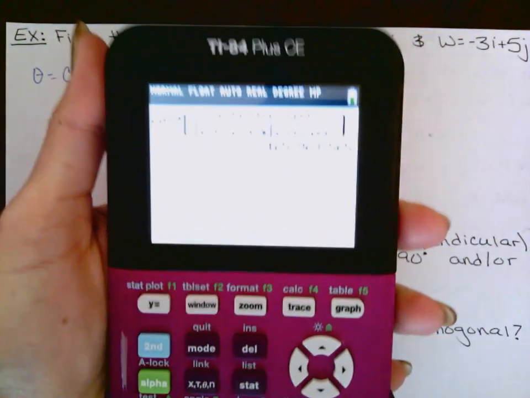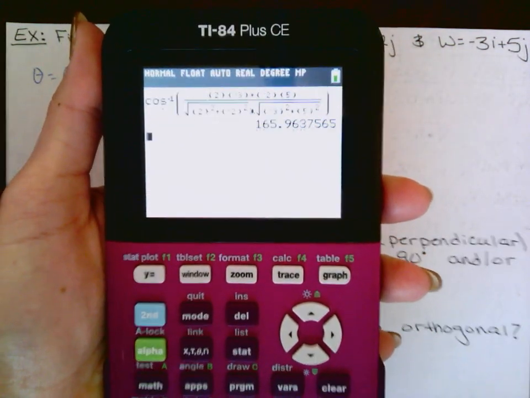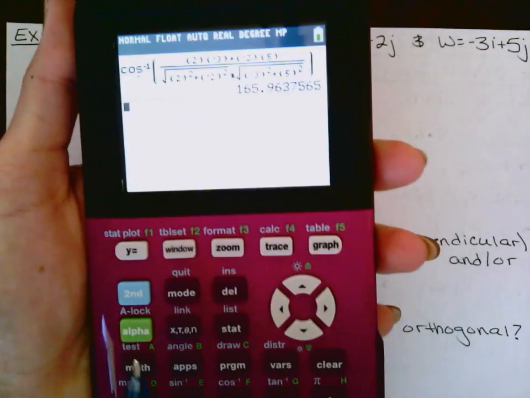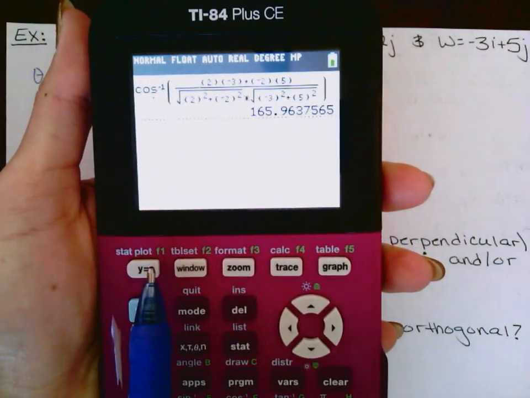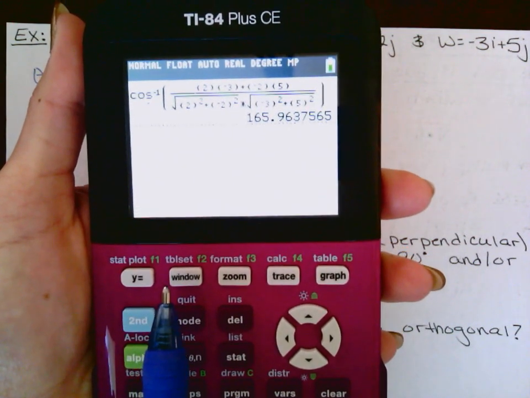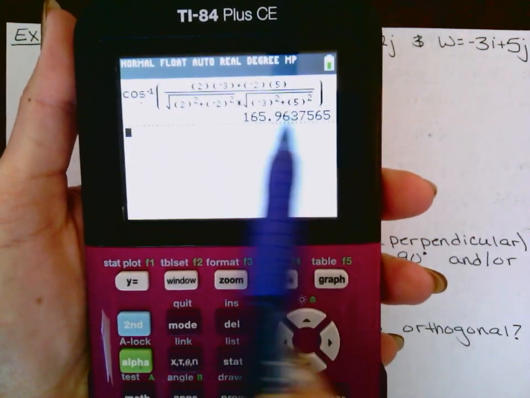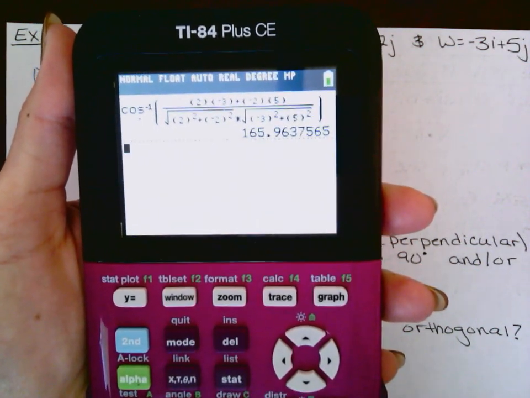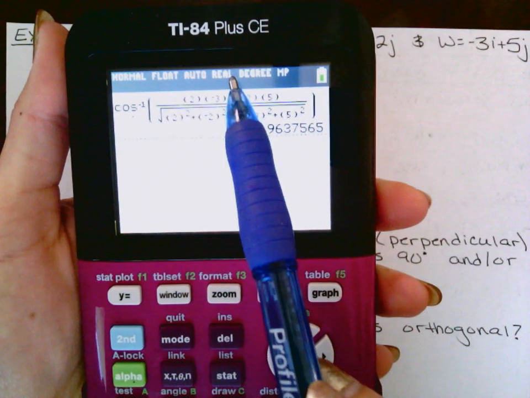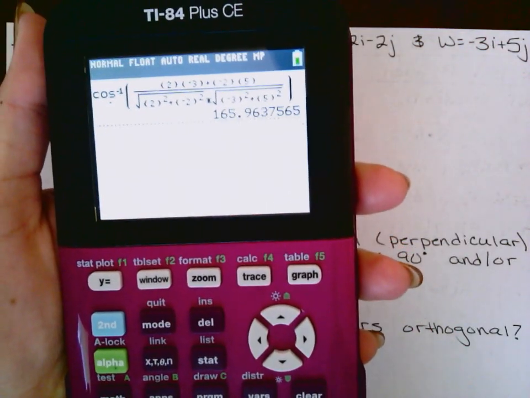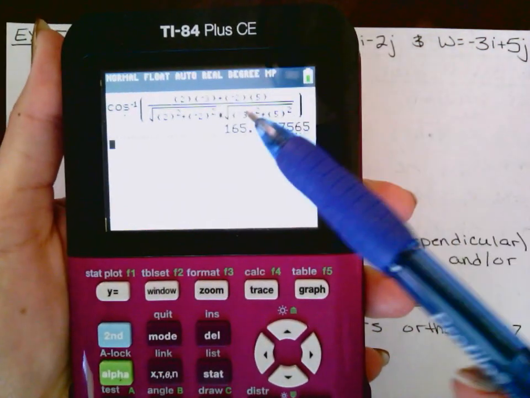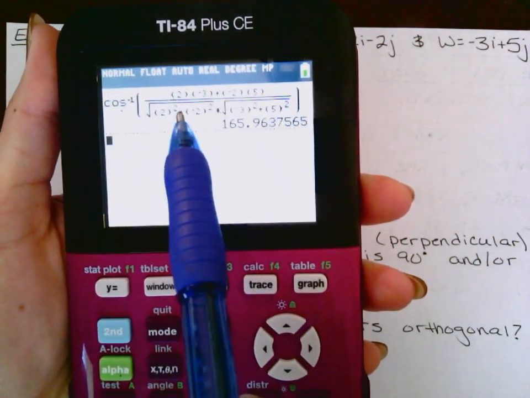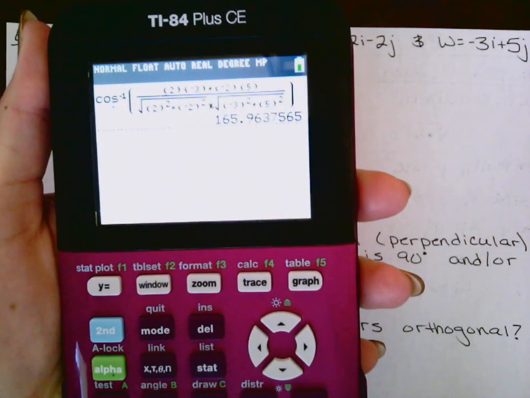If you like how I put this fraction, the way I do that is I press alpha, which is my green button, and then I press y equals, and it shows up n over d, which stands for numerator over denominator, and it'll put that fraction bar so that it comes out really neat, okay? If you have one of the older calculators, you do have to be very careful because the notation doesn't come out as nice. You're going to have to put a lot of extra parentheses, okay? If you have one of the older calculators, I'd suggest that you solve the numerator on your own and then solve each of the magnitudes and then plug it in, okay?